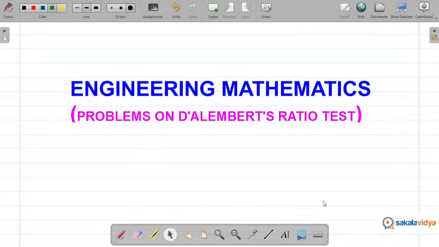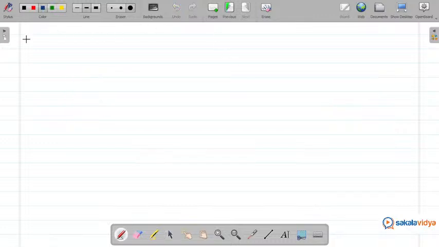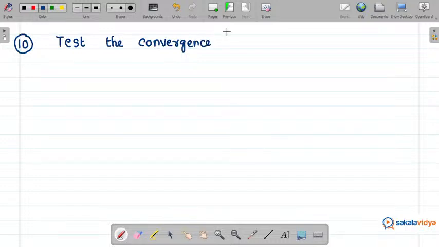Now let us move to the 10th question. Question number 10, right. So, note down the question number 10. Test the convergence of the following series.